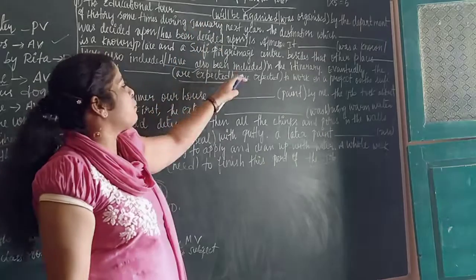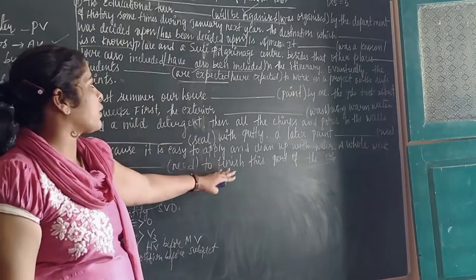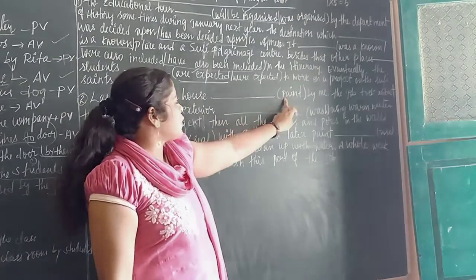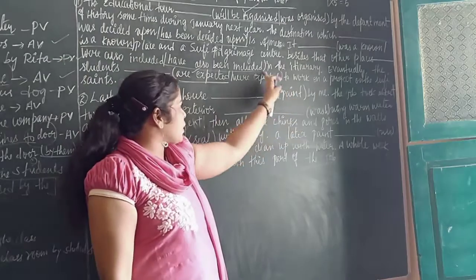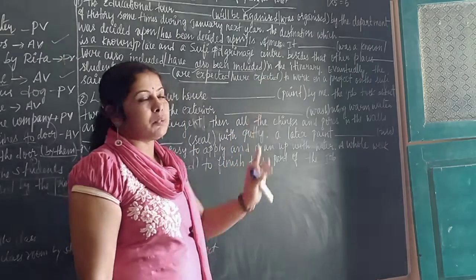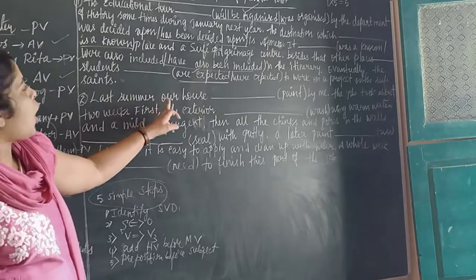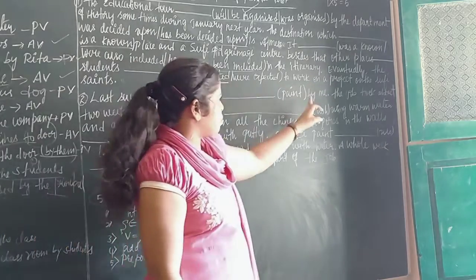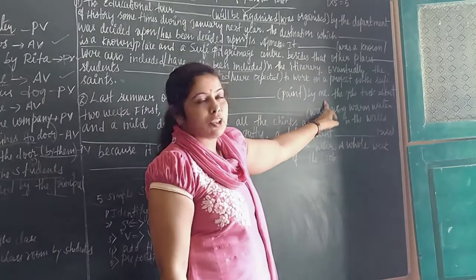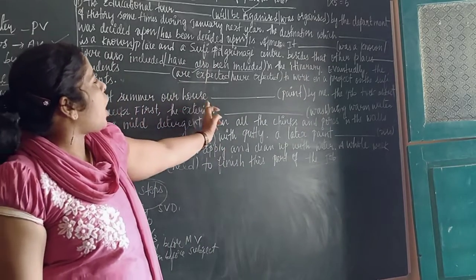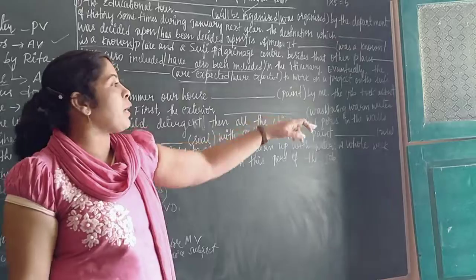Apart from this, they may also ask you a question like this. Some verb will be given in the bracket. You have to fill it up with the correct passive form of the verb. Let us see how it is. Last summer, our house dash by me. It is in past tense. Last summer our house dash paint by me.